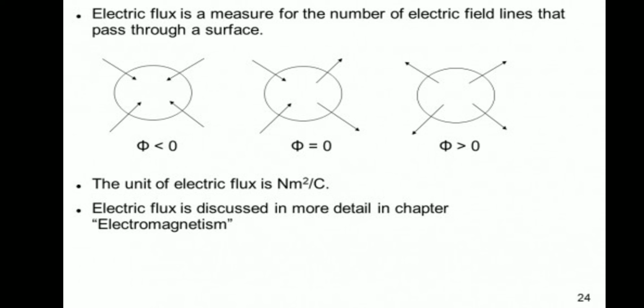So I hope that the term electric flux is clear. It is simply the passage of electric field lines through a given surface, and the formula for it is phi is equal to E dot S. Now this we are going to introduce in Gauss's law also, and in the next topics we will study about Gauss's law.